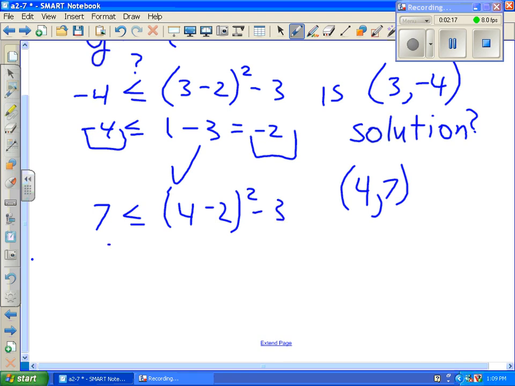Is 7 less than or equal to 2 squared minus 3, which equals 4 minus 3, which is 1? Is 7 less than or equal to 1? No. So this would not be a solution. Does that make sense?